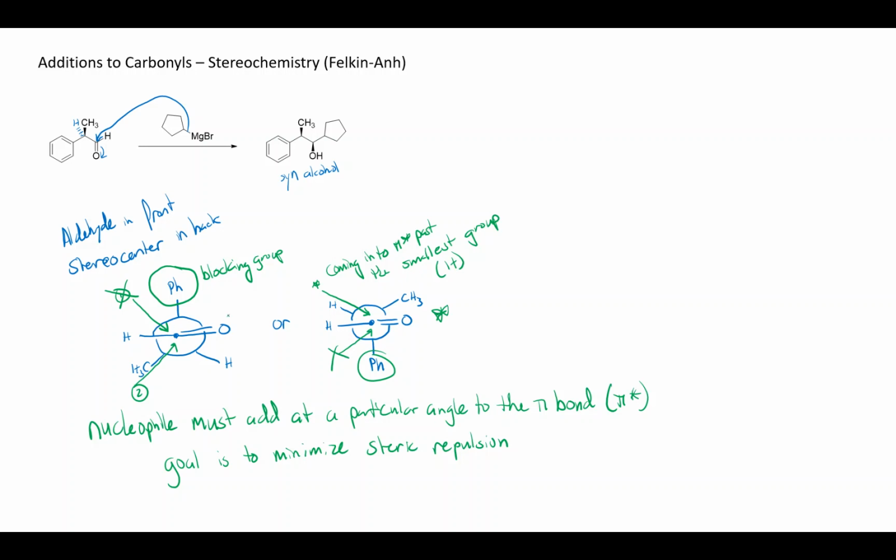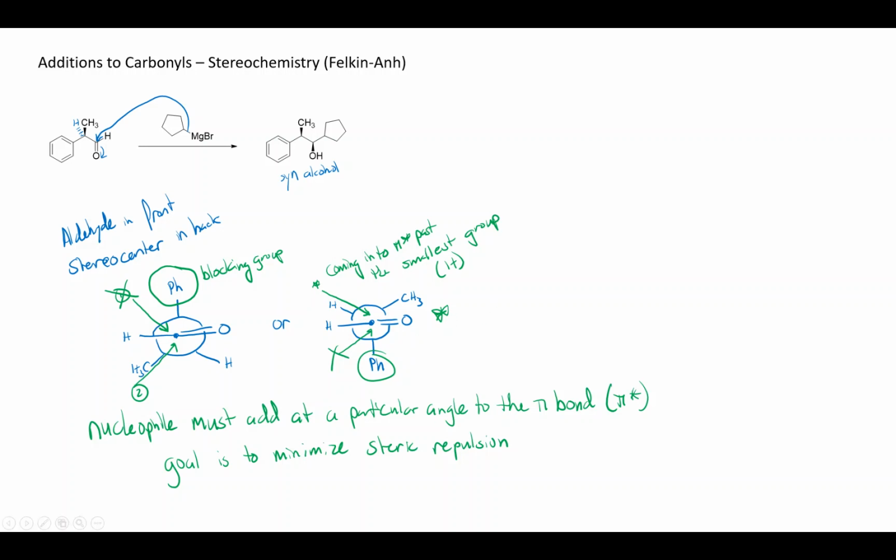And so basically we draw our two Newman projections, and the phenyl group is the largest group. We put that group orthogonal to the aldehyde, and then we want our hydrogen to be on the path of the nucleophile. And so that's this version of it.